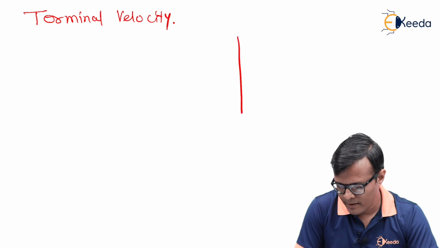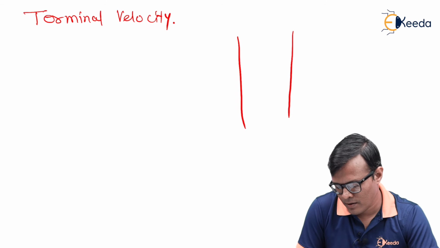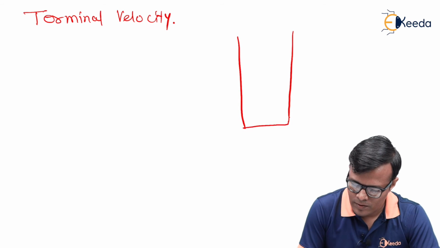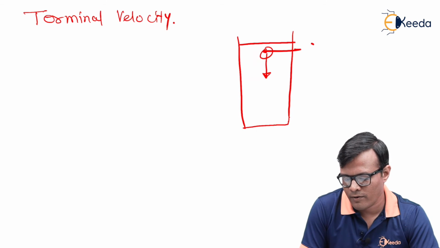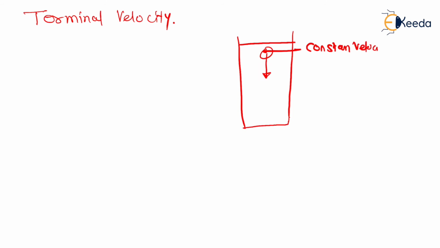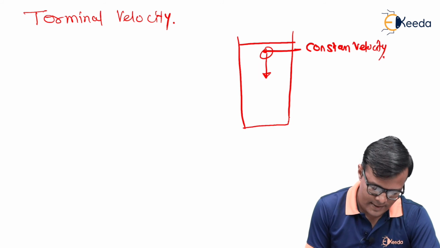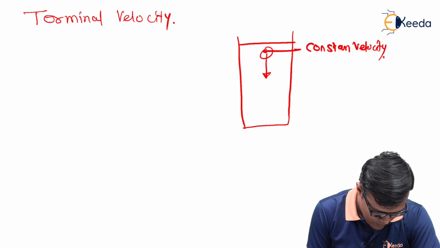Now we will talk about terminal velocity. As I have explained, if this is the cylindrical measure in which this sphere is dropping with constant velocity, then that case is called the equilibrium case.